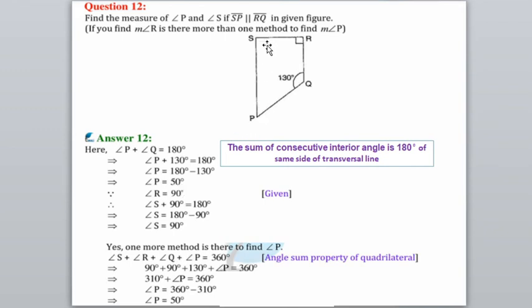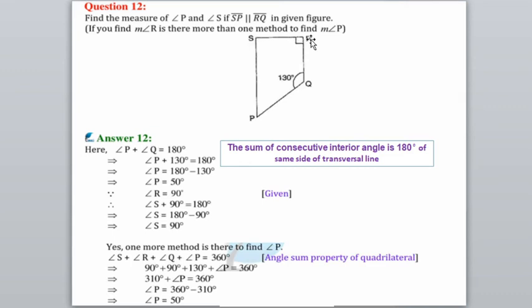Now we have to find out the angle S. So now here same, that it is given SP and RQ are parallel sides, and if they are parallel, it means SR is the transversal line, and from that transversal line one angle is given, that is angle R as 90 degrees, angle S we have to find out.